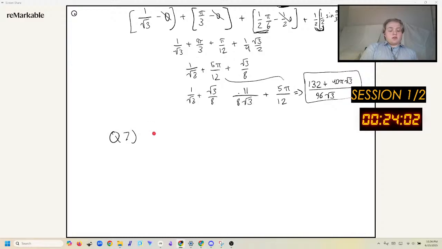Alright. We're taking the indefinite integral of 8 times e to the x over the square root of 81 minus e to the 2x. Okay.